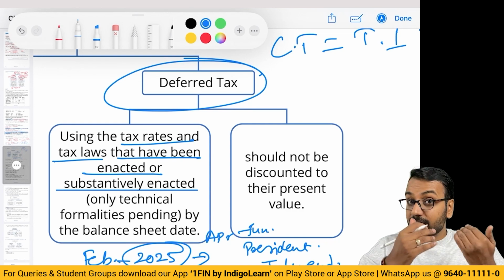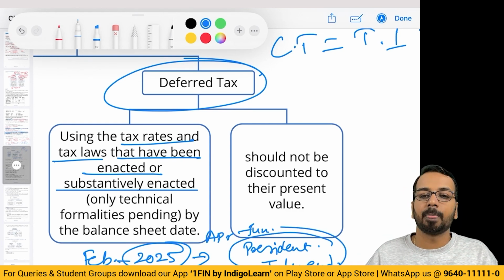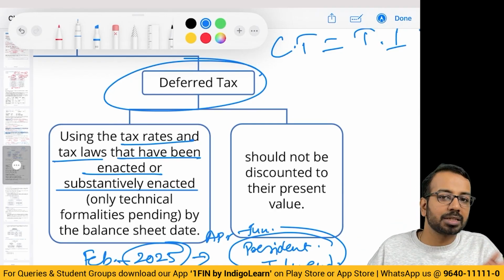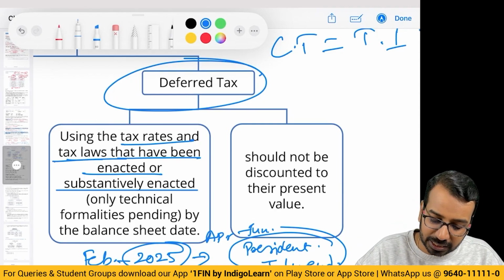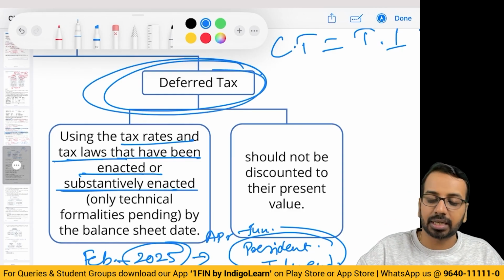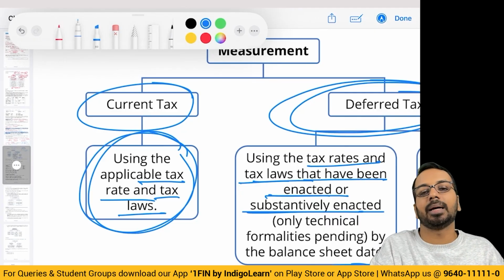The budget has been passed by both houses of parliament, and only technical formalities are pending. This is called substantively enacted. So if it has already been substantively enacted, the rate that has been given will be considered for deferred taxes. See, for current taxes, there is no confusion. I know the rate, I will apply that rate.